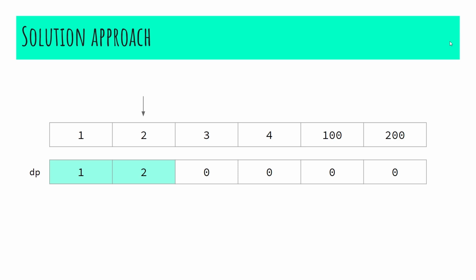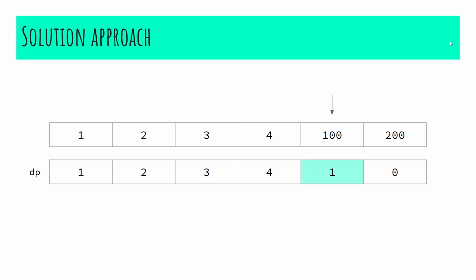If so, I will add 1 to the previous element present in the DP array and store it in the current index of my DP value. I'll be carrying out the same operation as long as the previous element is 1 lesser than my current element.